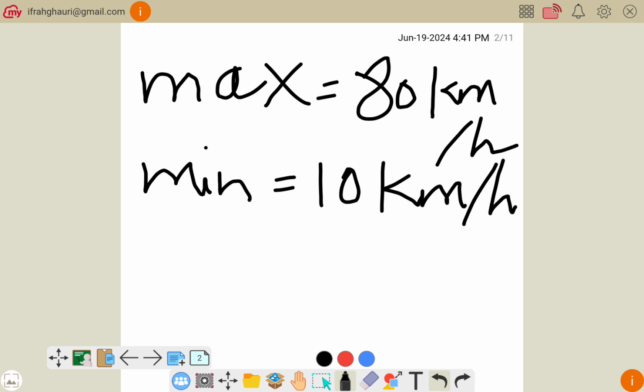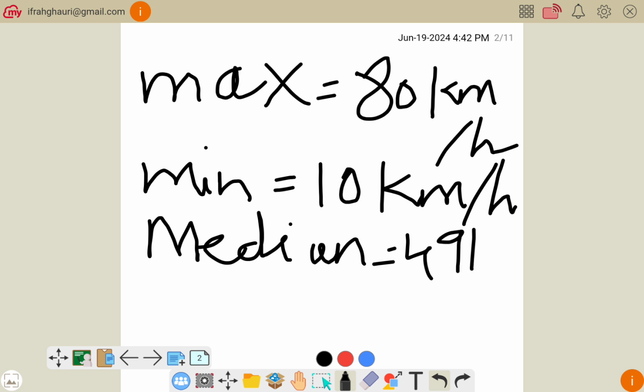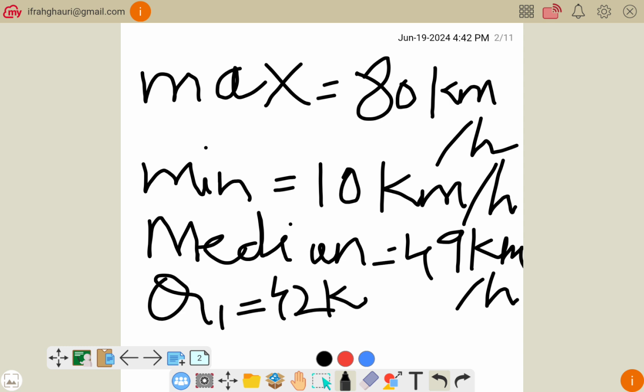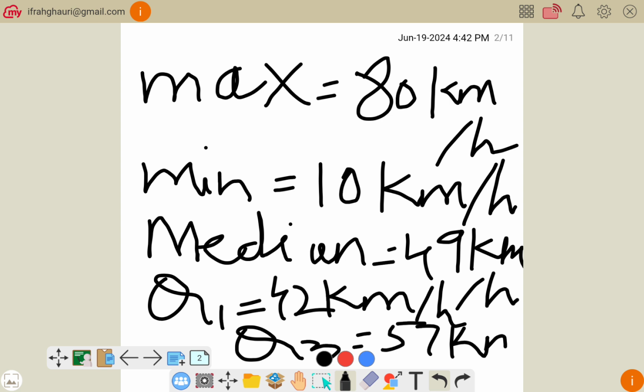The median speed is 49 km per hour. The lower quartile Q1 is 42 kilometers per hour, and the upper quartile Q3 is 57 kilometers per hour.